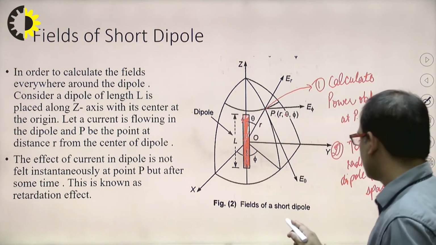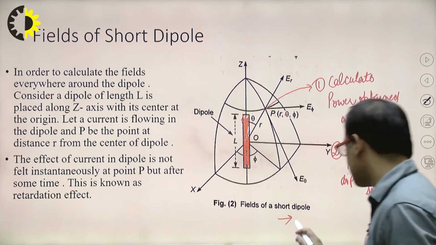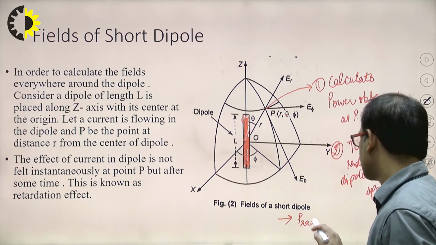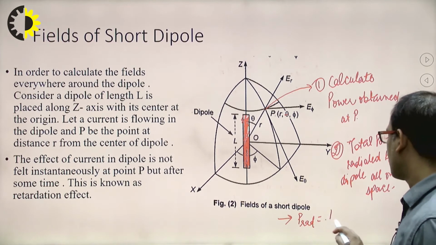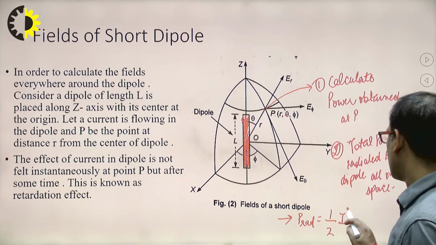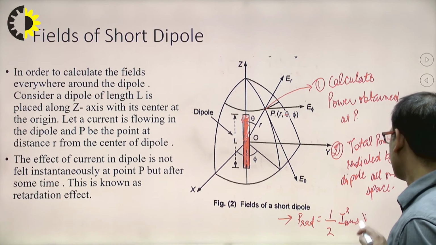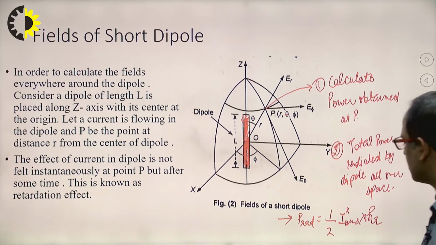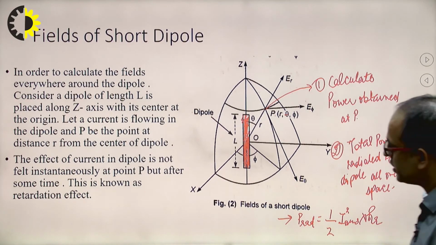Now if I get the total power radiated over the space, that will be equal to 1 by 2 I square RMS multiplied by the radiation resistance. Just use this formula, you will get the radiation resistance.